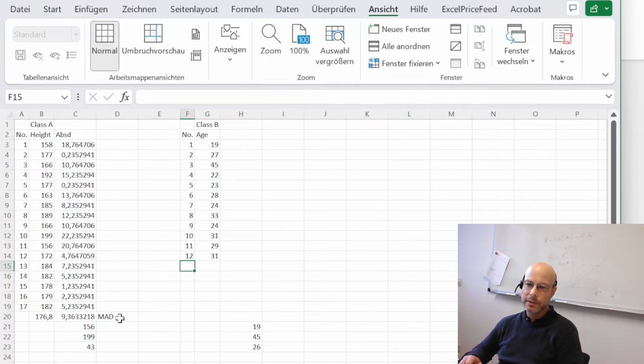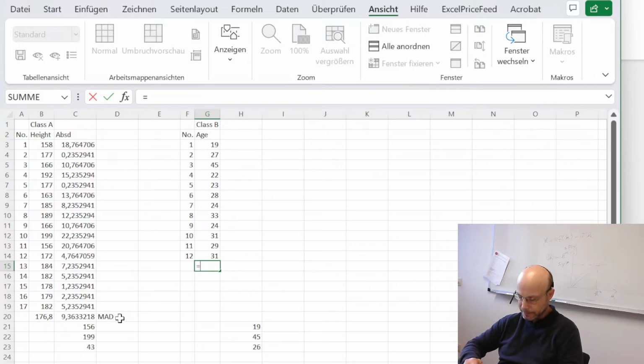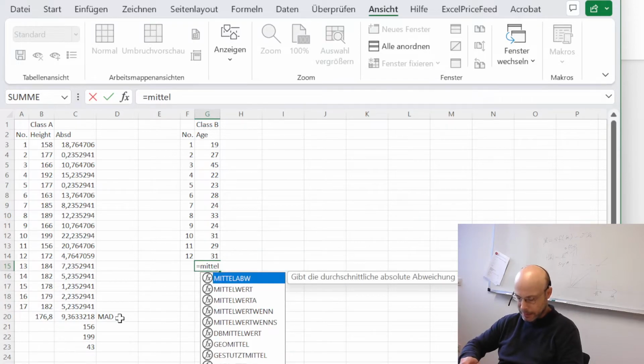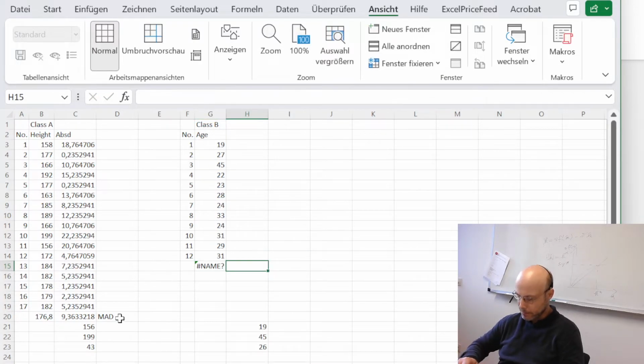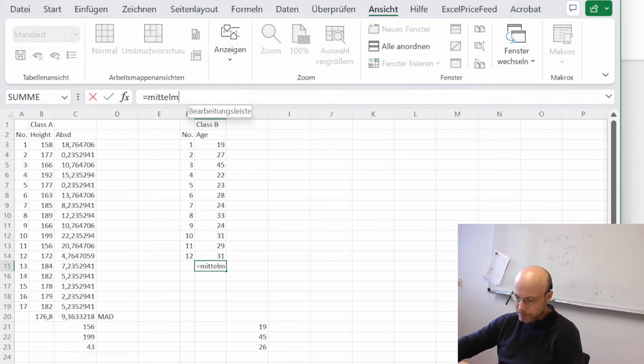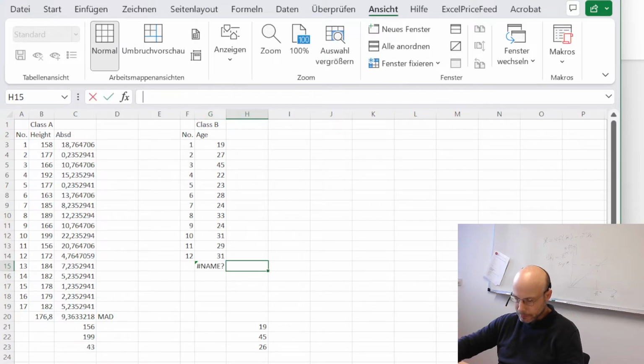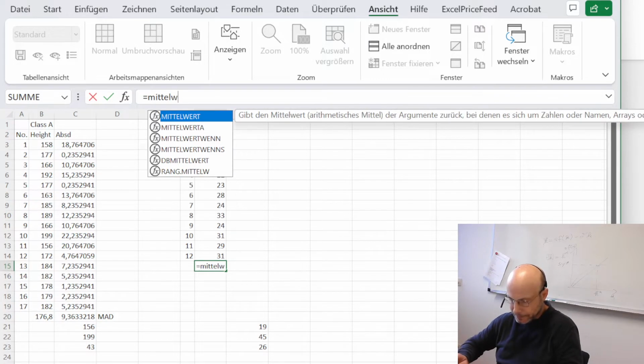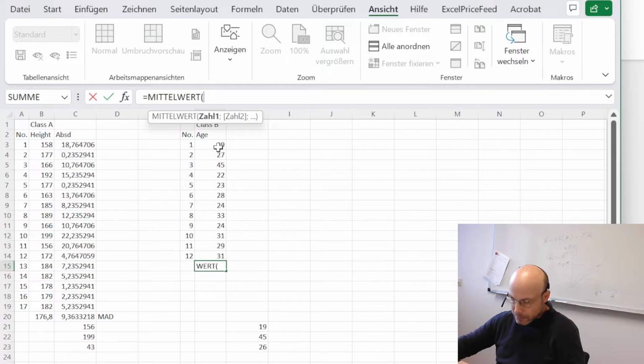And this, of course, we do also with our second class. So we have again our arithmetic mean. Oh, there's an M. That was wrong.